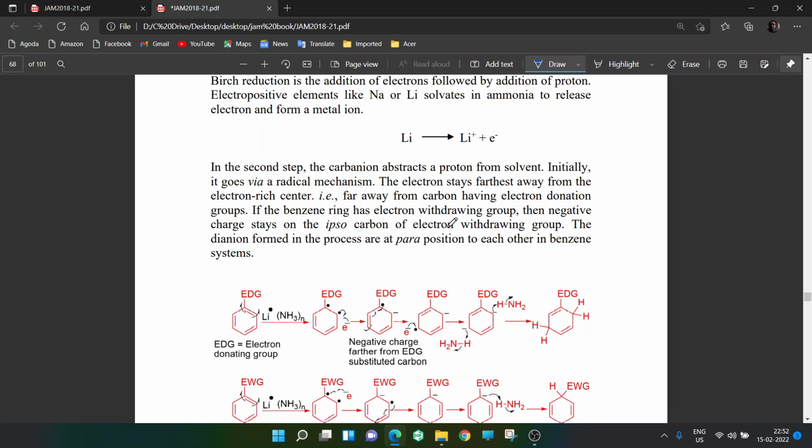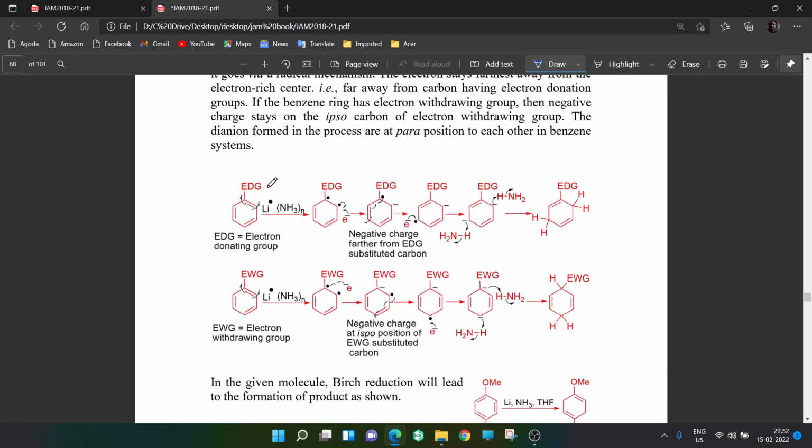Birch reduction. So when you do Birch reduction, you have to look at where the double bond comes. If you have an electron donating group, then the double bond comes between the atom containing the electron donating group and the neighboring carbon. Whereas when you have an electron withdrawing group, the carbon which has the electron withdrawing group does not get the double bond.